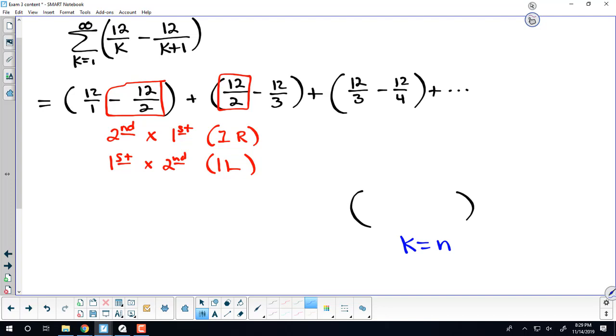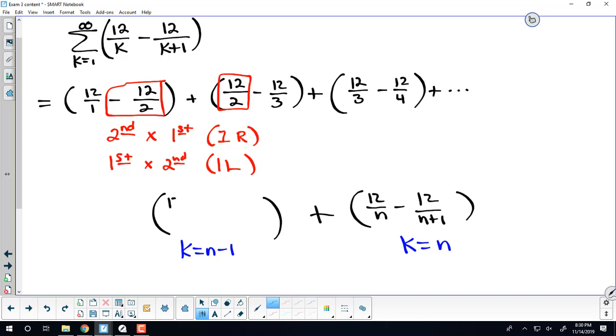So go back one term, when k is n minus 1, and write that term out too. So we have 12 over n minus 12 over n plus 1. And then 12 over n minus 1 minus 12 over n.